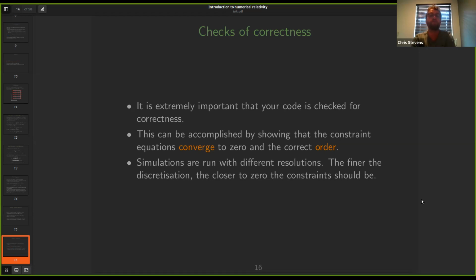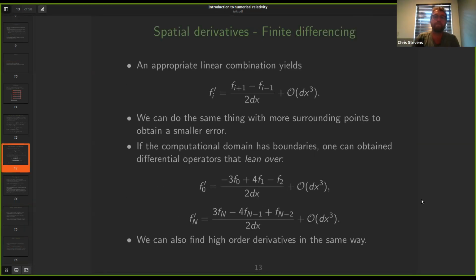What this means, and this will be explained in the lab, can actually be seen pretty straightforwardly by the power of the piece of the Taylor series that you're truncating. As that gets larger, it's obvious that as you take your dx, or your interval between your spatial grid points, to be smaller and smaller, the error is going to go like that difference to the n.